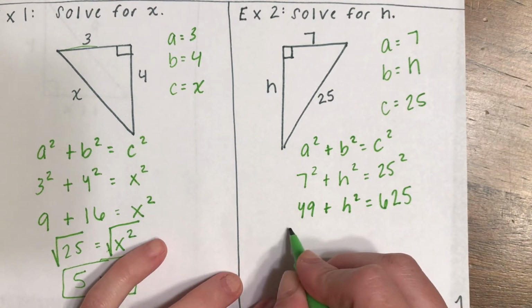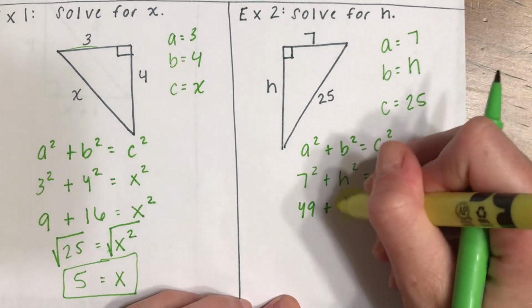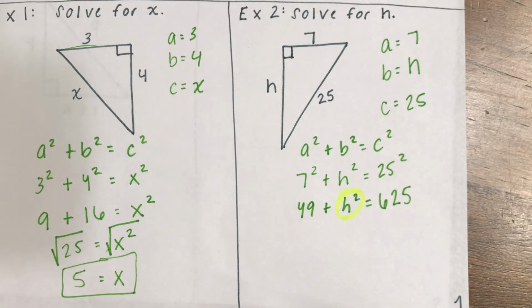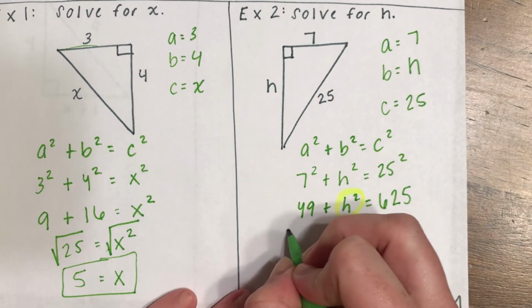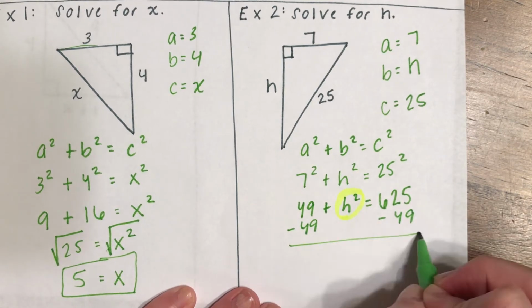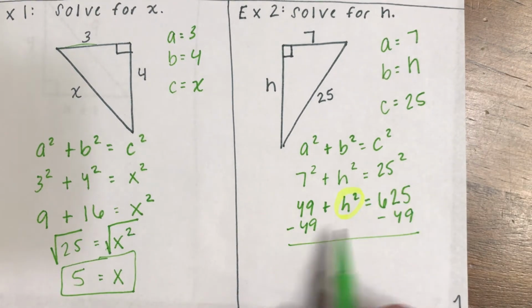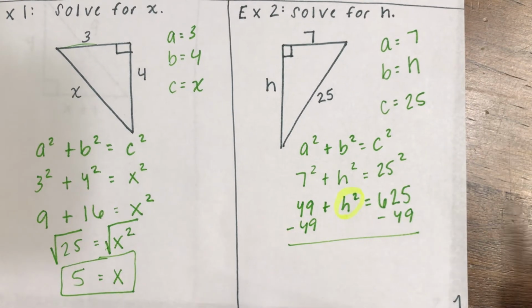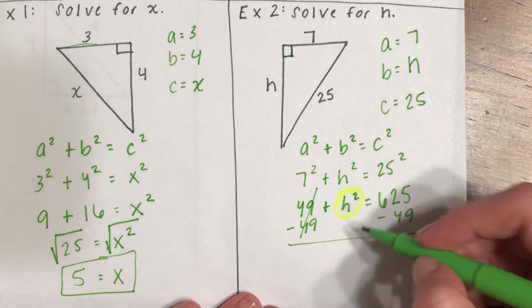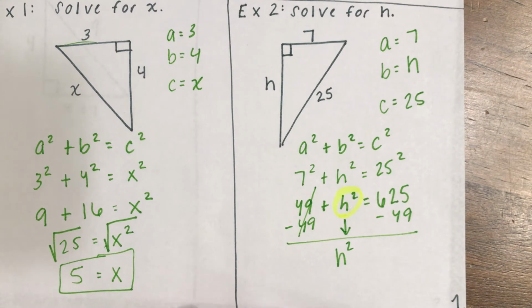All right, so now we see that what we want by itself is right here, the H. So we need to use the inverse operation for this positive 49 on both sides, which is minus. Okay. And then when we do that, when we subtract from both sides, what you do to one side, you must do to the other. This cancels, and we have what we want by itself, H squared.